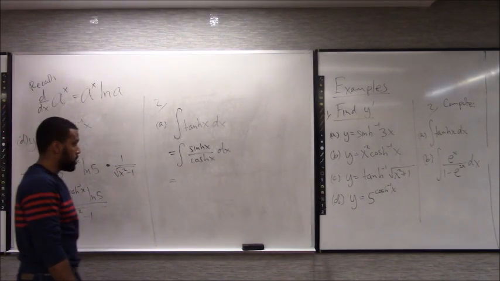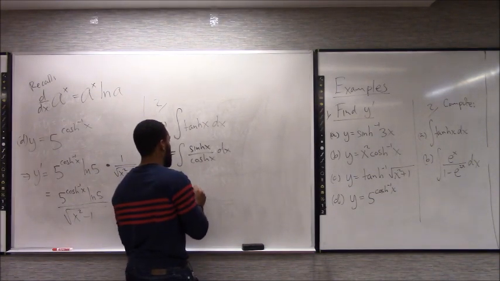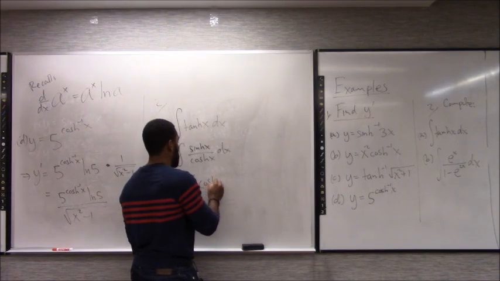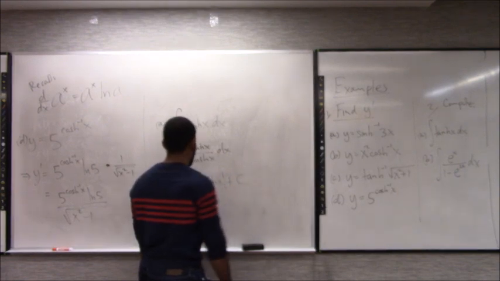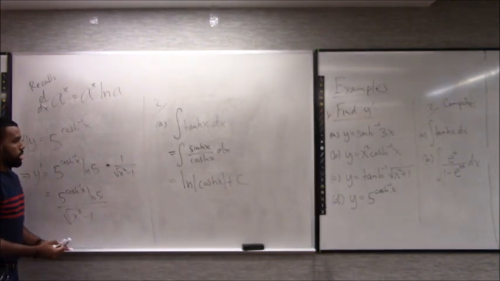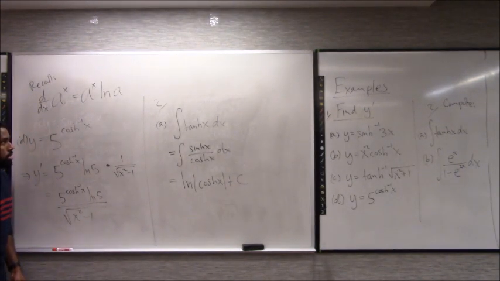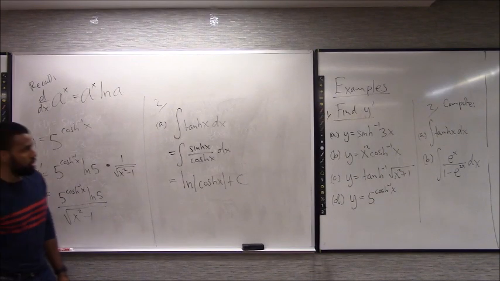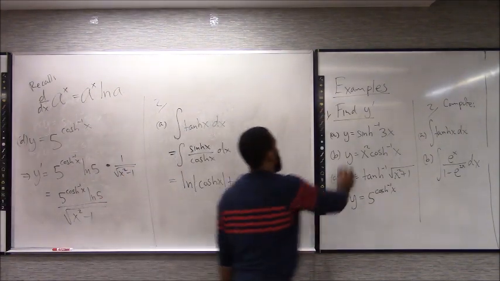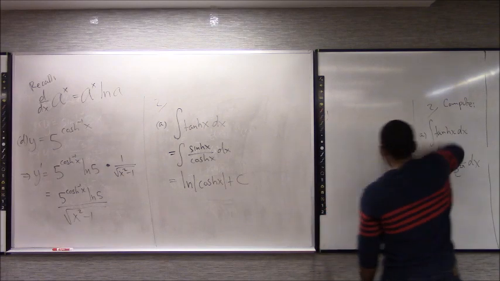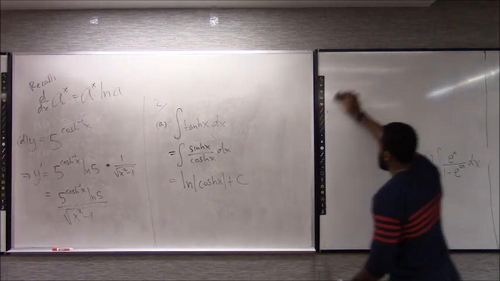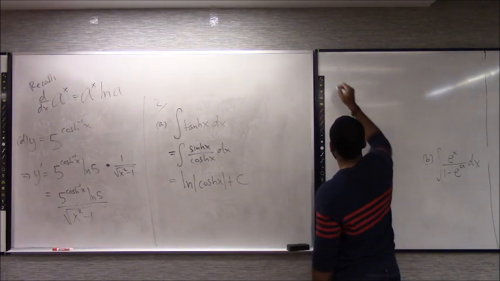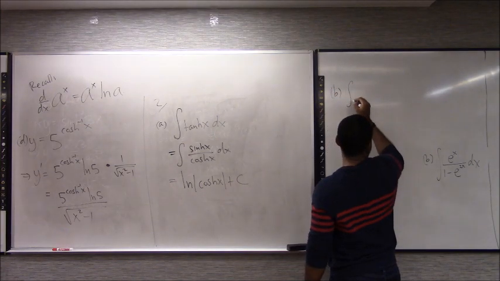You're going to integrate that, you're going to get the ln of u. Even though technically you don't need the absolute values here, the cosh is always positive. What about this one?